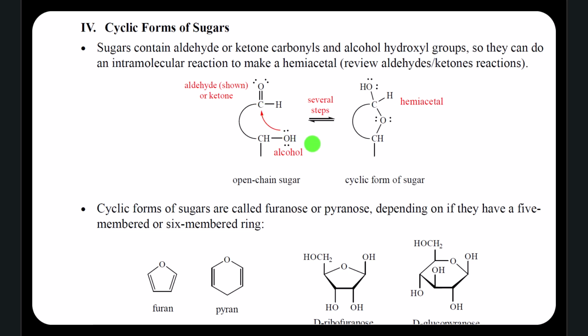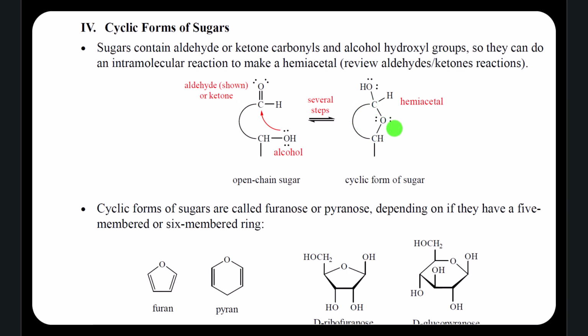This would probably occur under acid catalysis. It would be reversible, could be hydrolyzed back open. But effectively, because this OH in this portion of the chain reaches around to connect to that carbon, and the rest of the chain is still attached, we go from an open chain to a ring.